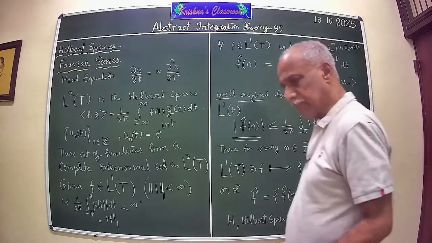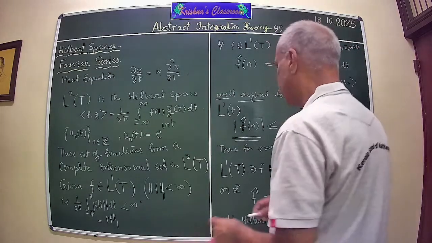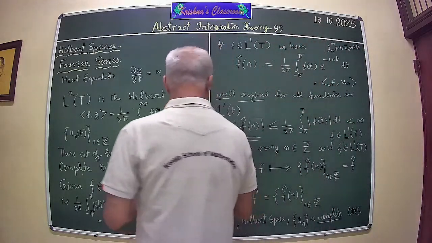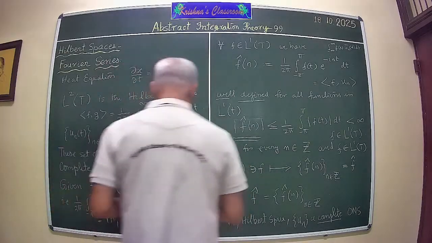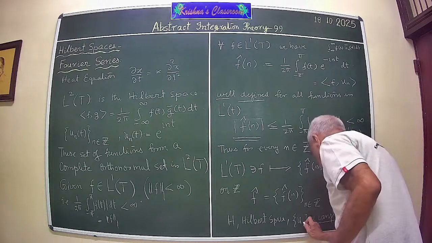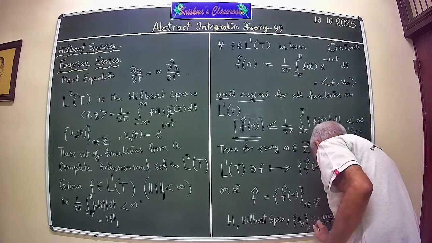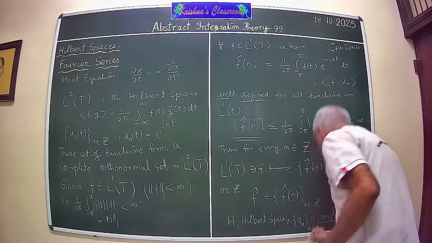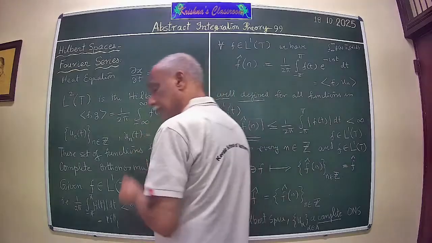So once you have that and you know such things exist, then not necessarily U alpha, right? Say U alpha belonging to some index. Then what you have is this.